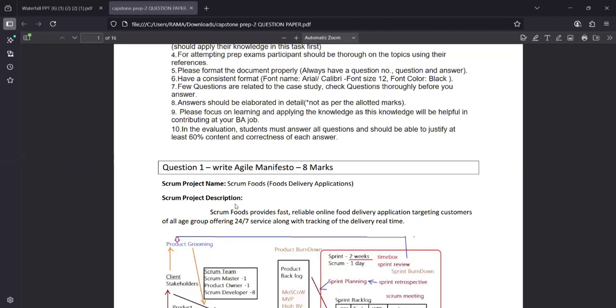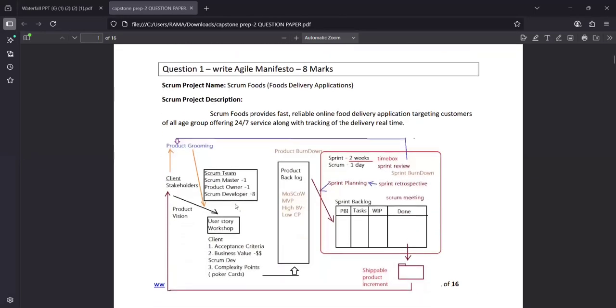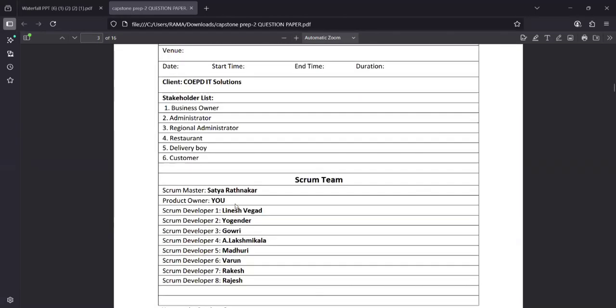The four main values are: individuals and interactions over process and tools, working software over comprehensive documentation, customer collaboration over contract negotiation, and responding to change over following a plan. These are the four main values, and we have 12 principles in the agile manifesto.